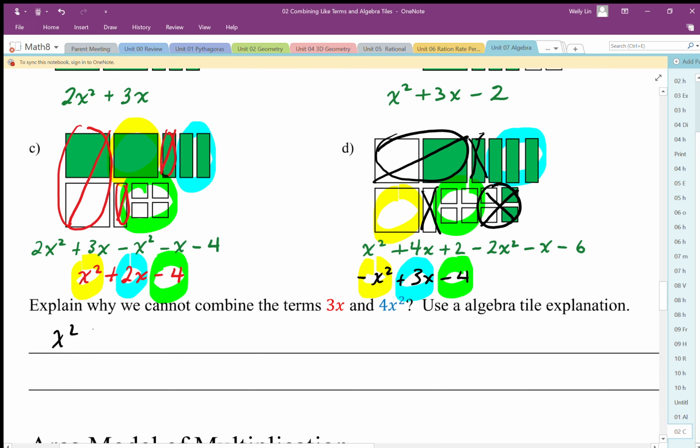X squared and x are different shapes, and they cannot be counted together.